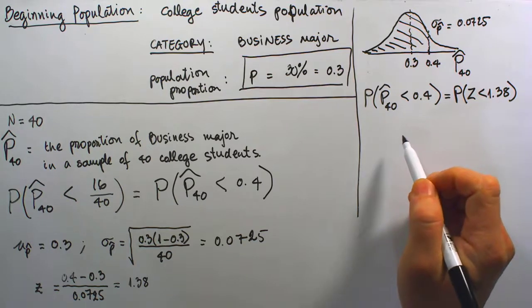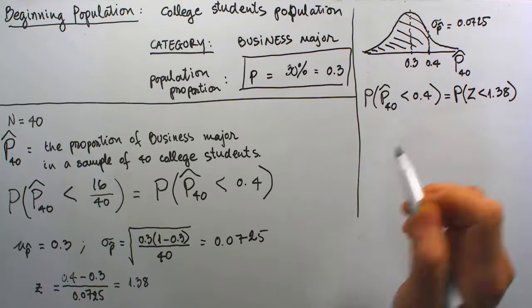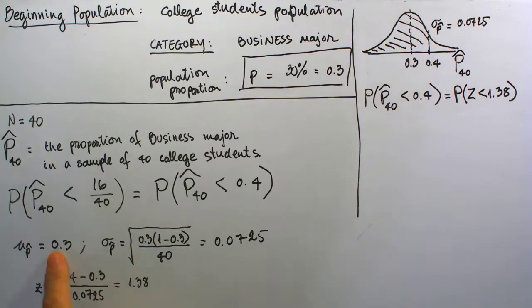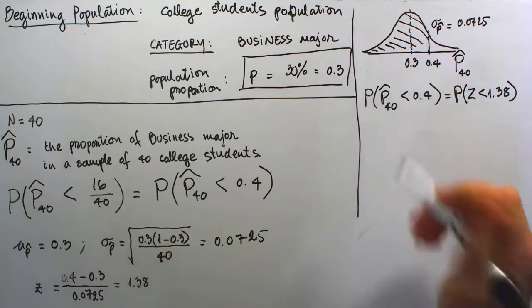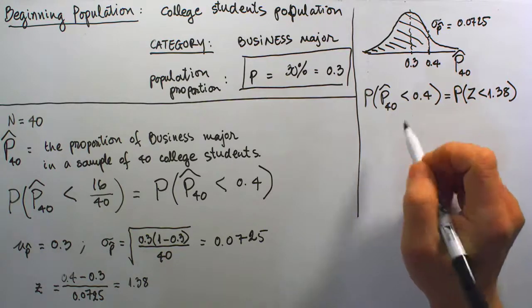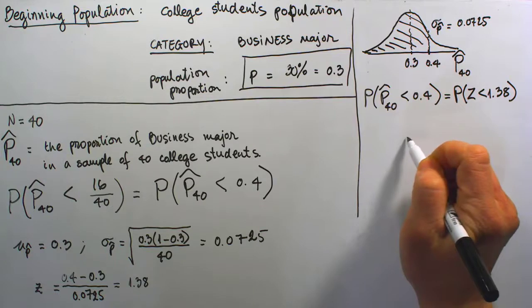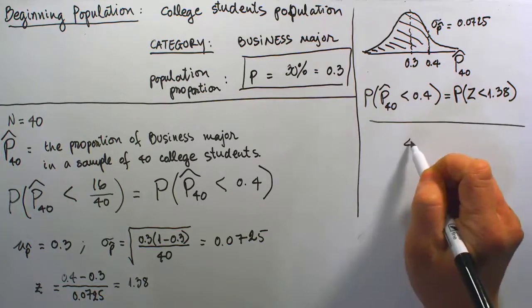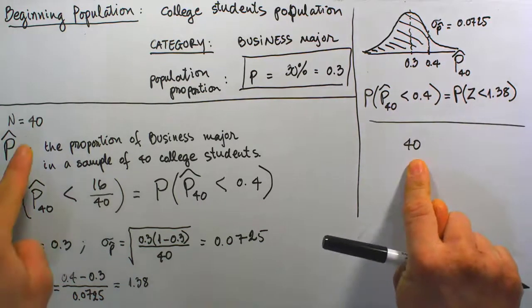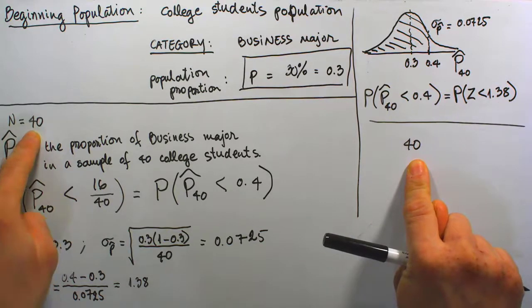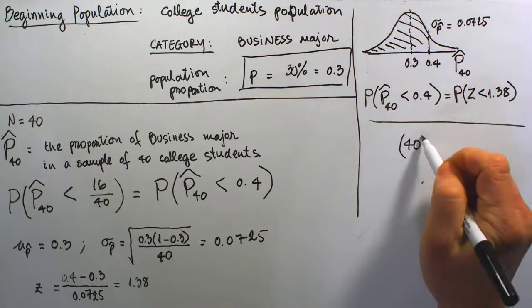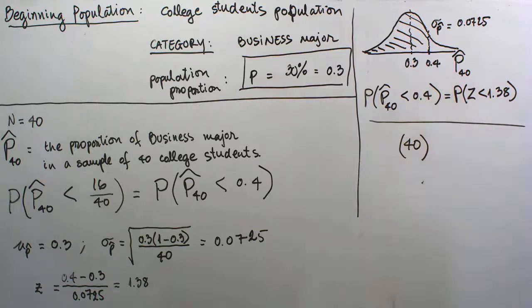This step I'm about to show here is a proven fact from the same theorem that stated how we can find the mu p hat and the sigma p hat here. In that same theorem guaranteeing the way we can calculate these two values, the theorem also stated that from the sample size that we are using, being 40 for each sample in our distribution, we can multiply with 0.3.